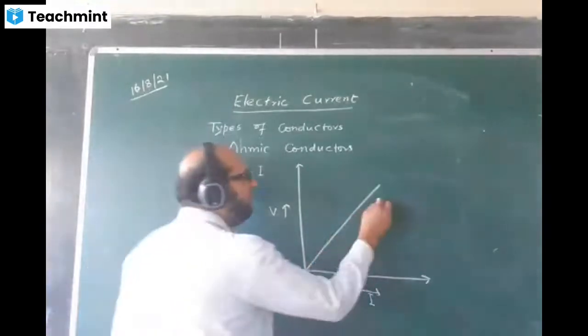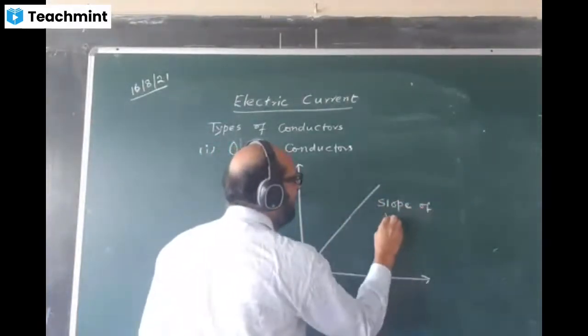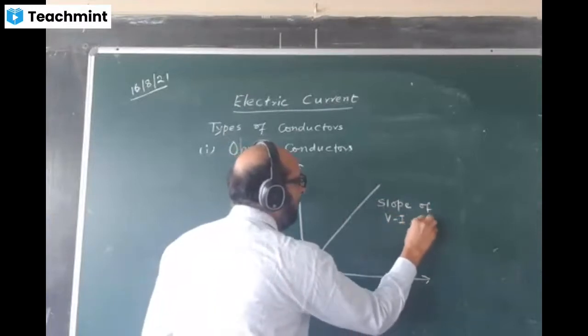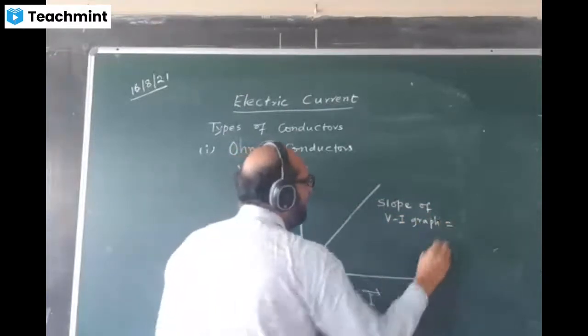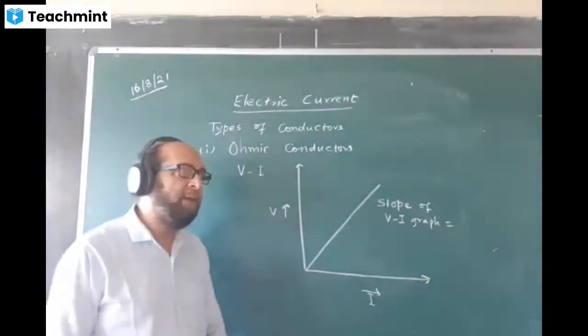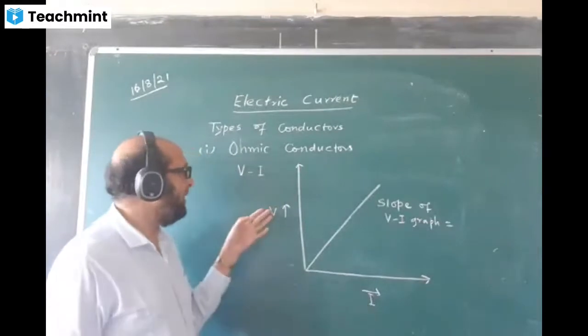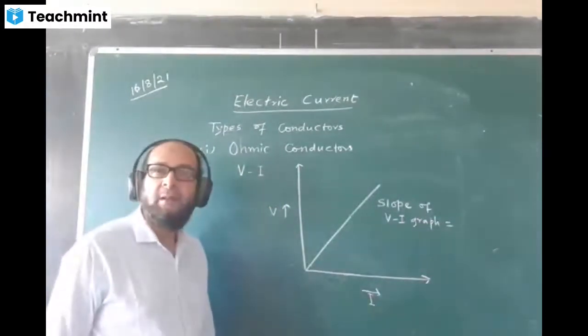Okay, we find the slope of the graph. Write down slope of VI graph equal to. You know slope, I used to teach this in class 9. Slope means the voltage axis divided by the current axis.